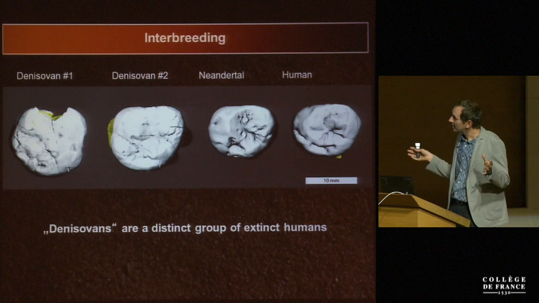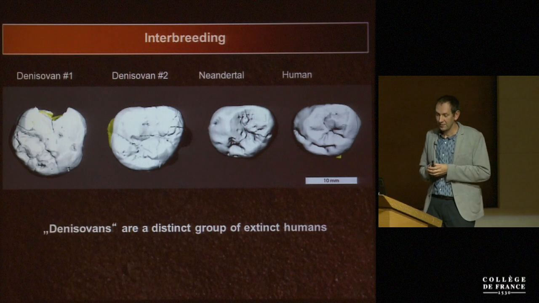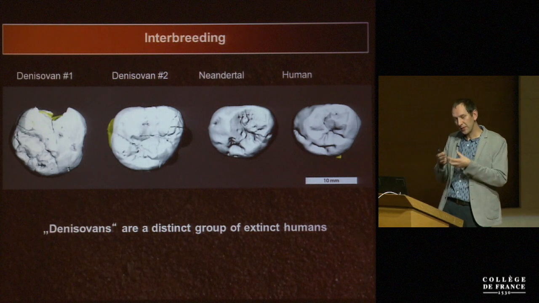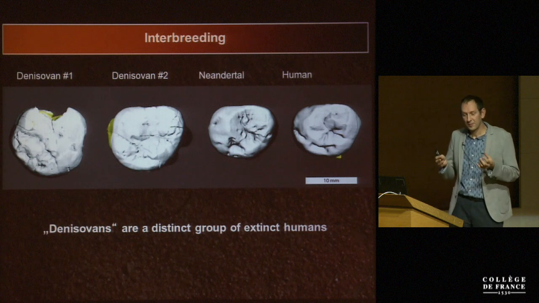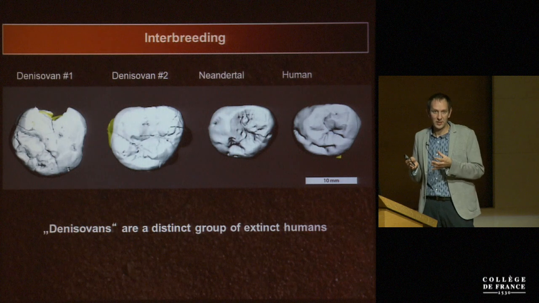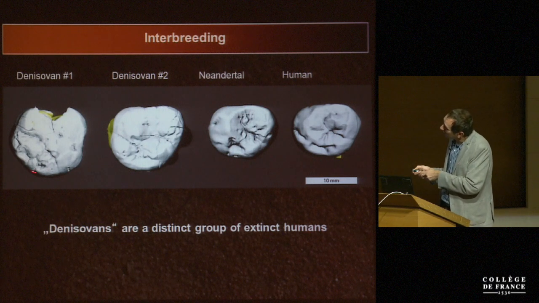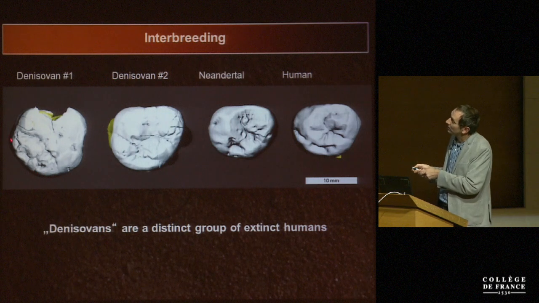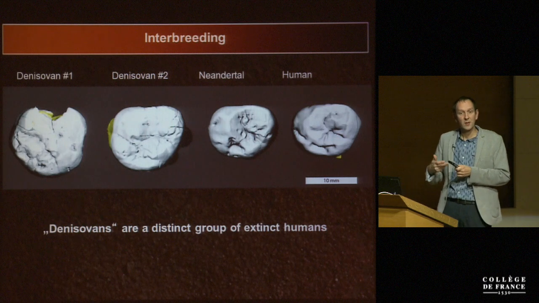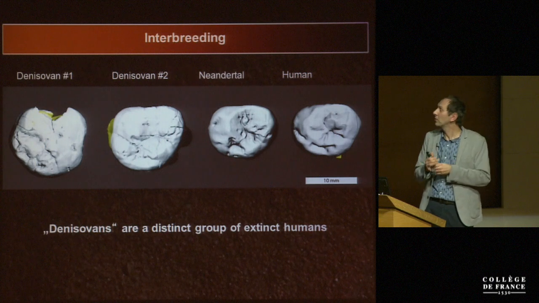So, taken together, the fact that we do find this different pattern of interbreeding, that the genome sequence of this individual looks different from a Neanderthal, and also the fact that there were 2 teeth found in the same cave, of which we generated a little bit of data, not much, but which showed that they all belong to the same population that the finger bone belonged to.